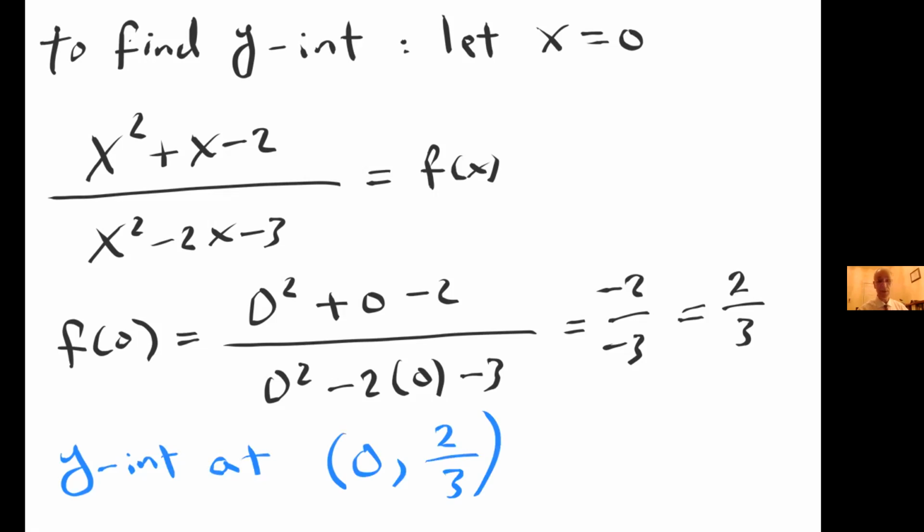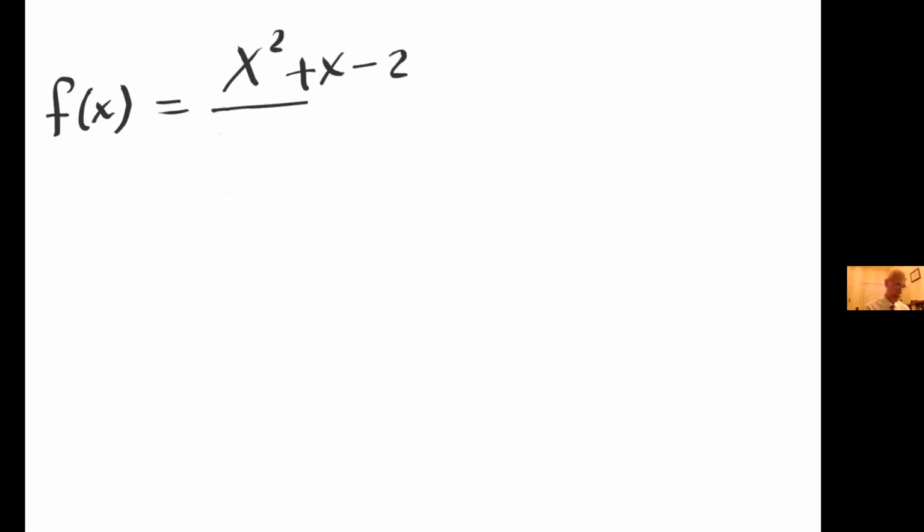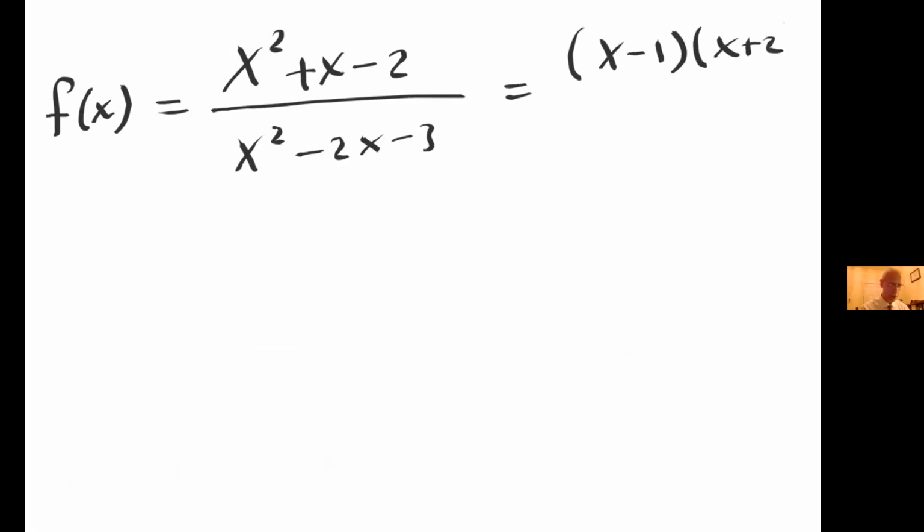So now let's take a look at horizontal asymptotes. Well, I had x squared plus x minus 2 over x squared minus 2x minus 3. Let me actually put my f of x here to make it more legit. And the factored form was (x minus 1)(x plus 2) over (x plus 1)(x minus 3).